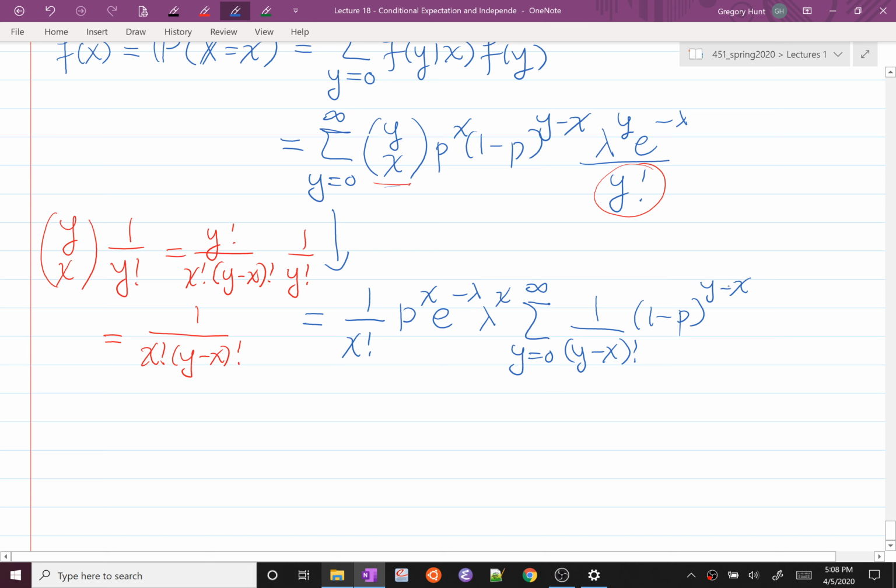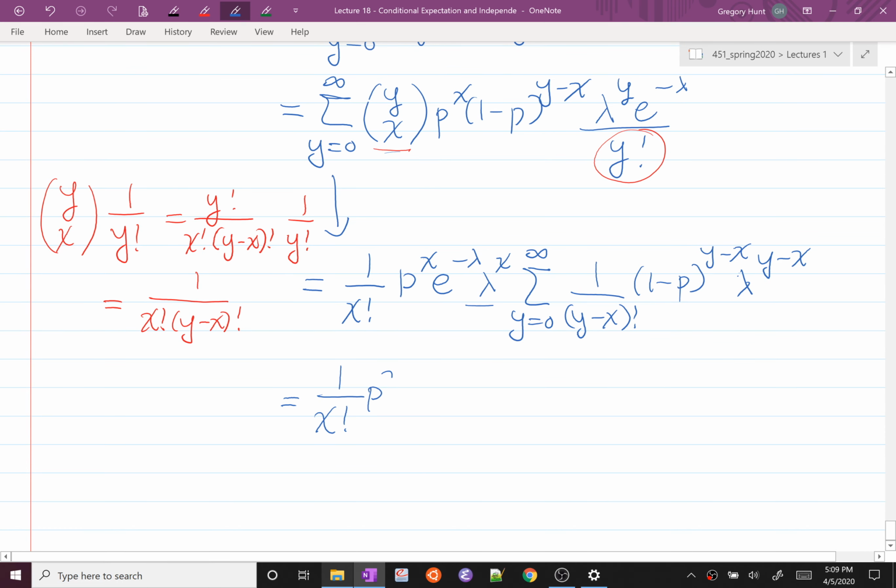And so that looks promising. And what we're going to do now is we're going to kind of abuse the summation notation here. We could write this over x factorial, p to the x, e to the negative lambda, lambda to the x. We could re-index our sum.